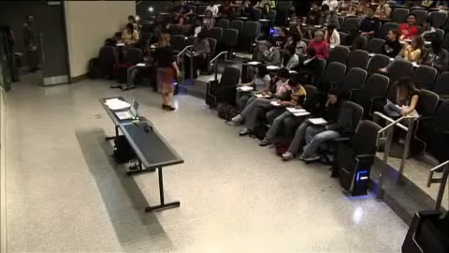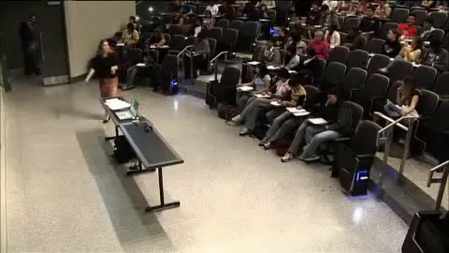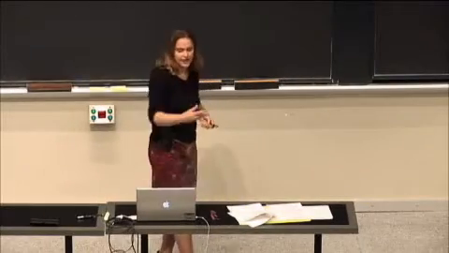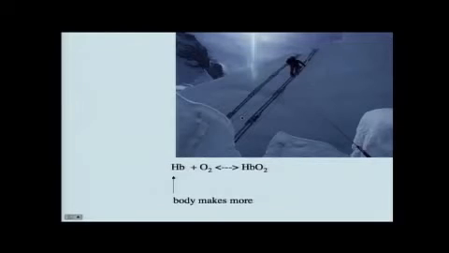So you often go to another altitude and hang out for a while before you start going way up. And what's happening during that time is your body realizes there's a problem. It knows about Le Chatelier's principle, and so it's going to make more hemoglobin. And if you add more hemoglobin to this reaction, what direction does it go? Toward products, right.